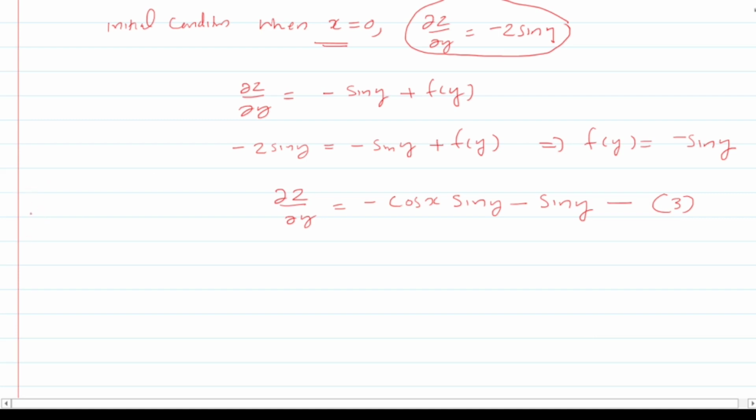So we get z = cos x cos y + cos y + g(x), since we are integrating with respect to y and the arbitrary function is g of x. We keep this as equation number 4.